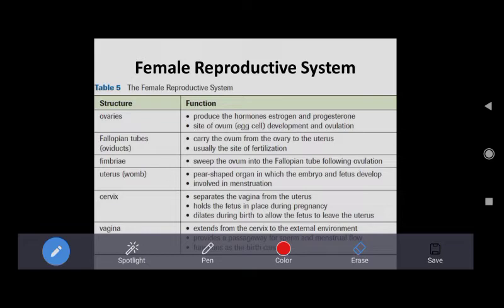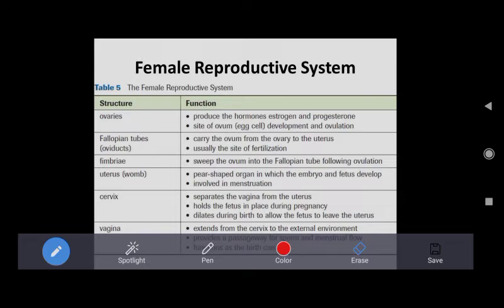The cervix separates the vagina from the uterus, holds the fetus in place during pregnancy, and helps during the delivery of the baby. The vagina is the canal which receives the penis, acts as a passage for the sperm, and also acts as a birth canal.